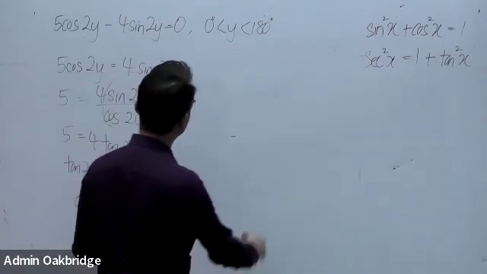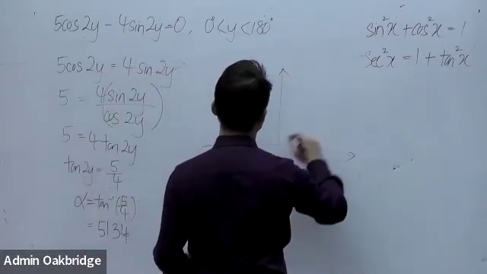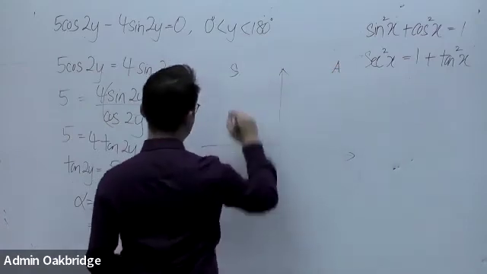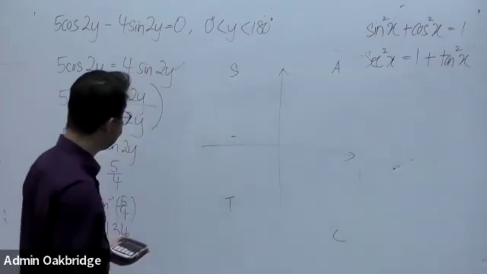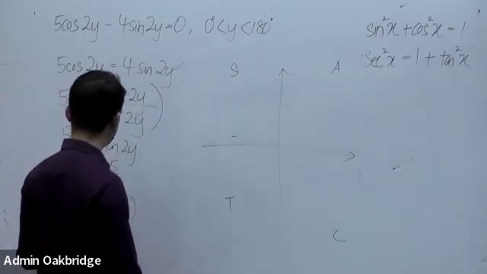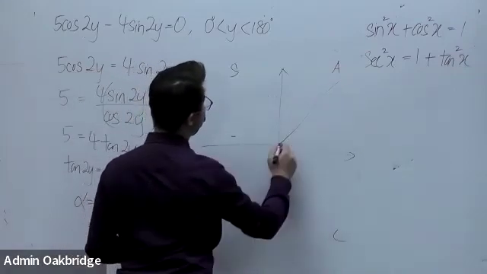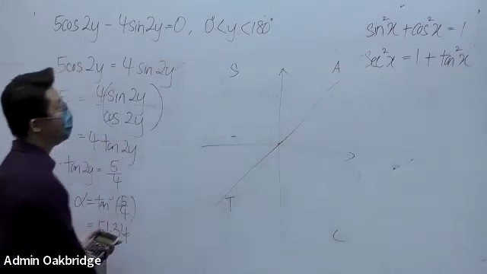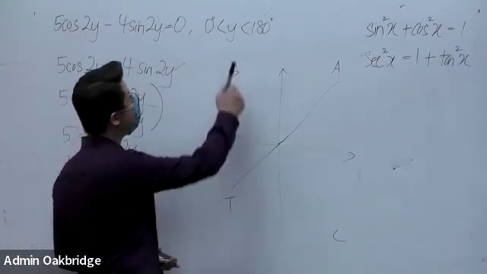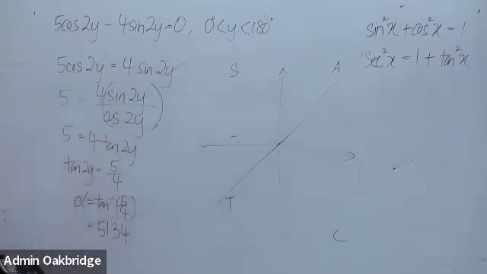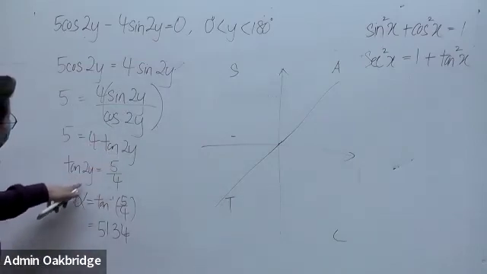Then cut the sibling. You want to have positive tangent, first and the third. But we can ignore the third one. Why? Because of the range. Can it be? No, right? You see, what we're going to get here is 2y.